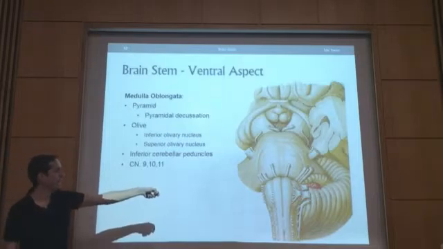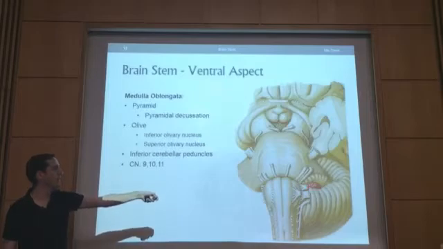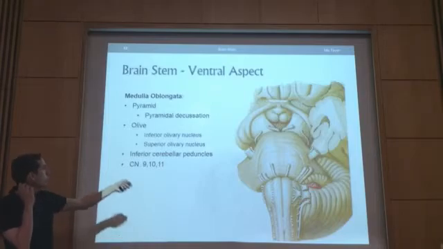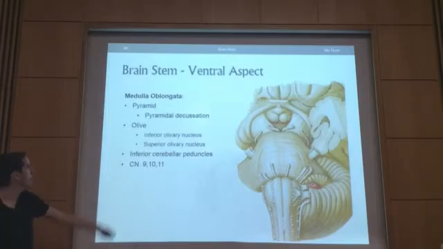Cranial nerve number 9, beneath it cranial nerve number 10, and this is cranial nerve number 11. So all 3 of them leave the medulla oblongata between the olive and the inferior cerebellar peduncle.